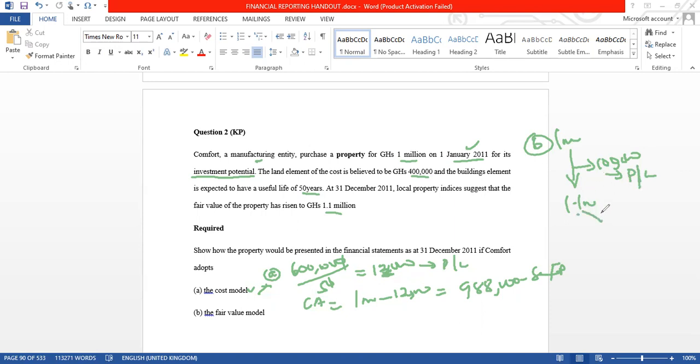Now this 1.1 will now be your SOFP. Keep it, no depreciation. So always check in your exam at the point where the asset becomes an IP, and do know that there will be no depreciation on it. It's very, very important. Know that.